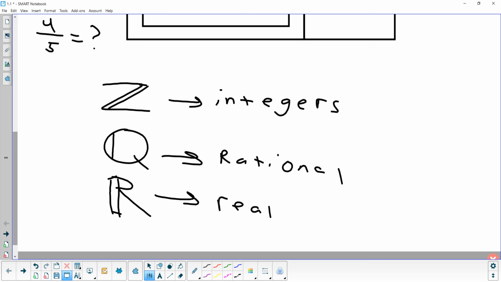Can you think of something you do with division where a word comes up that begins with a Q? Quotient. So my guess is that's where the Q would come from, having to do with quotients. The Z for integers, I'm not sure why they use Z.